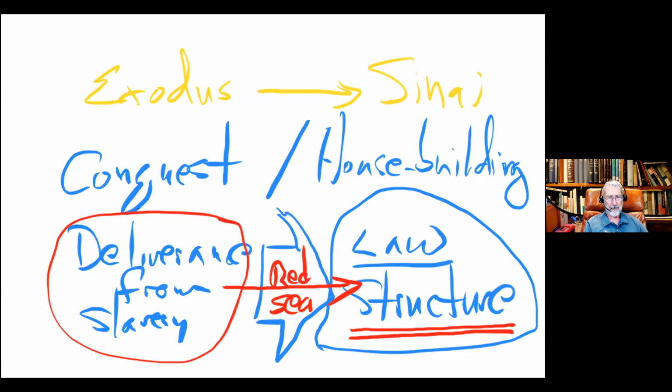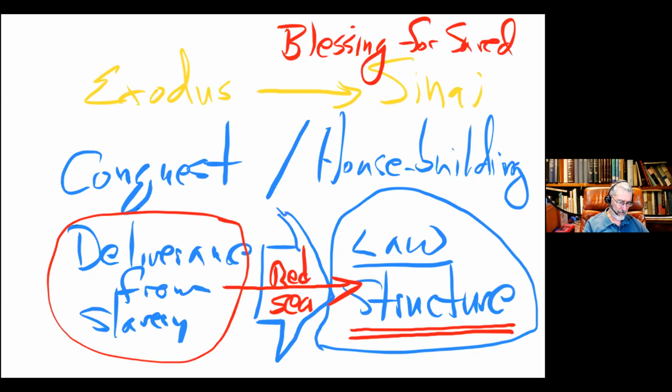The law is intended not as a means of salvation. Salvation happened as a result of the grace of God, the power of God over Egypt. Salvation is an act of God. The law is meant as a blessing for saved people. And I'm going to write that here someplace, a blessing for saved people.